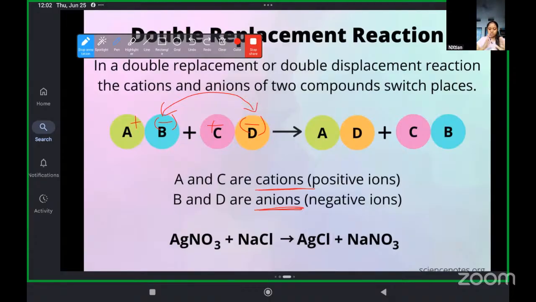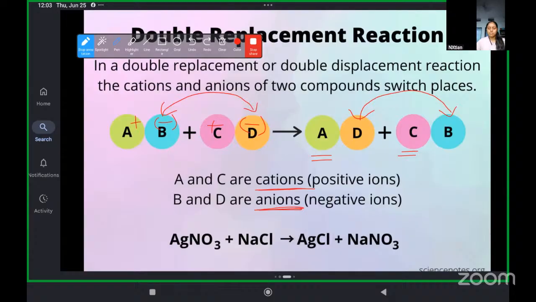Those elements with negative ions switch places. So A and C are positive, they remain like that, but D and B will swap places. That is why a double displacement reaction takes place.